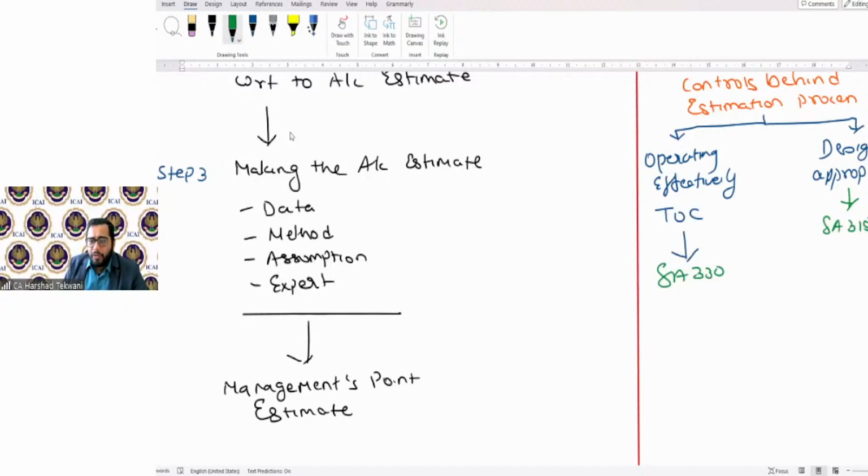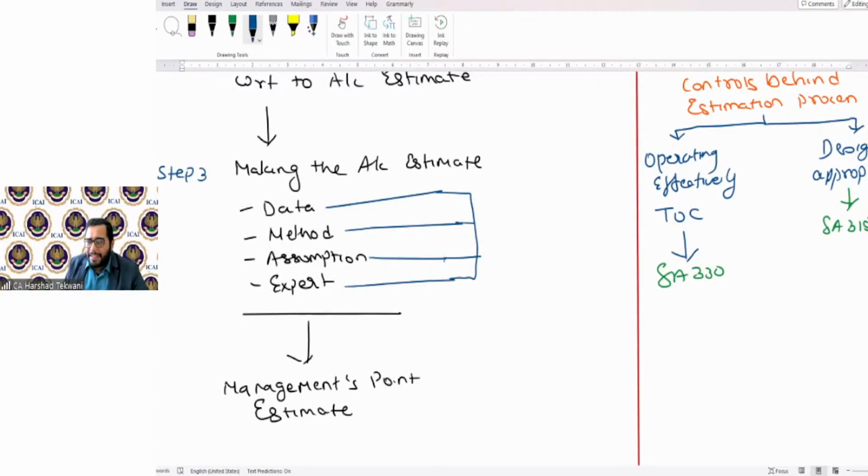Response to the assessed risk, whatever risk I have decided now, I have a response. Also, whatever method they have used while making the estimate, the data, the method, the assumptions, and the expert, if they have hired, all 4 items, I will validate whether they are appropriate or not.